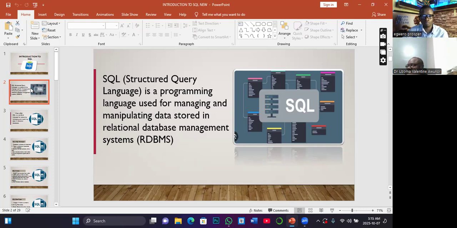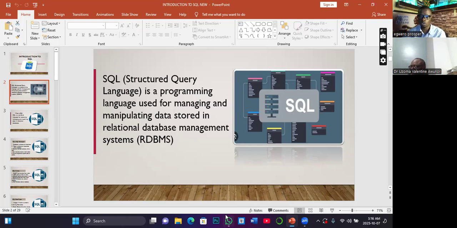So I want to start by highlighting the full meaning of SQL before we look at the proper definition. What does the acronym SQL stand for? SQL stands for Structured Query Language. It's a programming language used for managing and manipulating data.